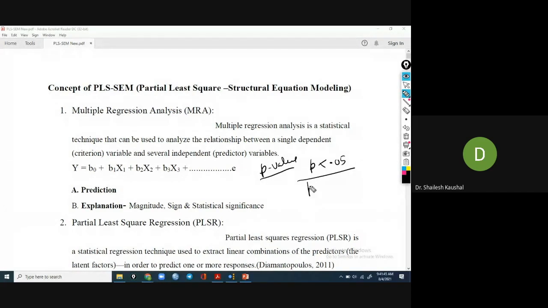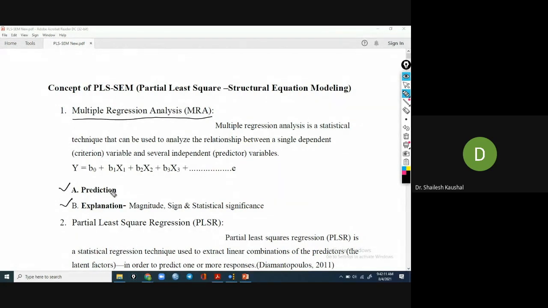Sometimes we obtain a p value greater than 0.05 for some independent variables. It means these variables are not significantly contributing to the dependent variable. So there are two purposes of multiple regression analysis: one is prediction, and the second is explanation.